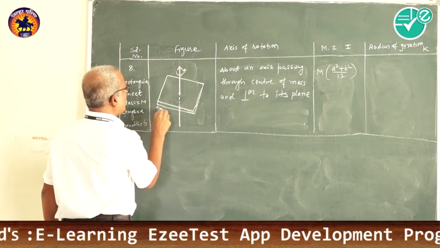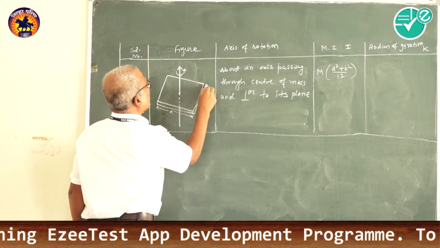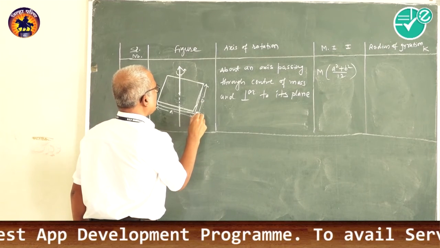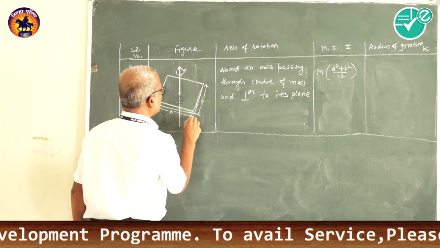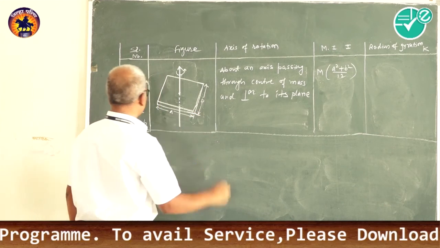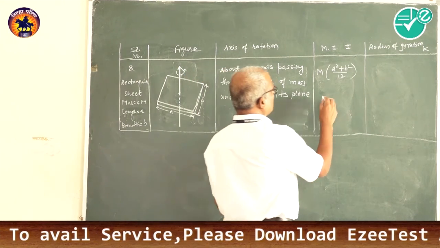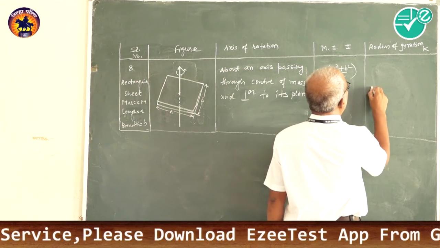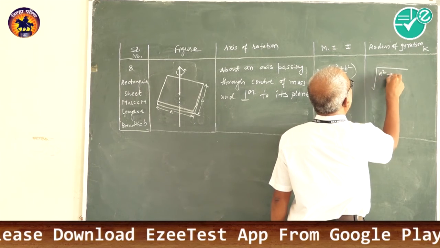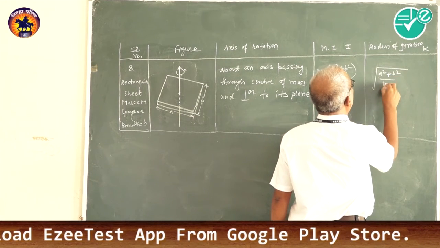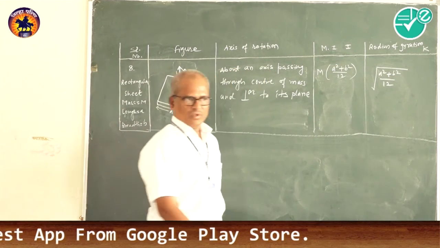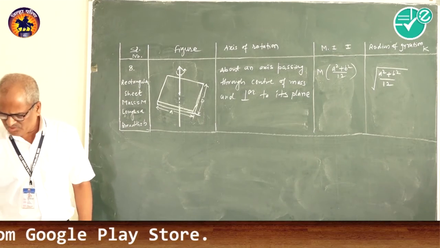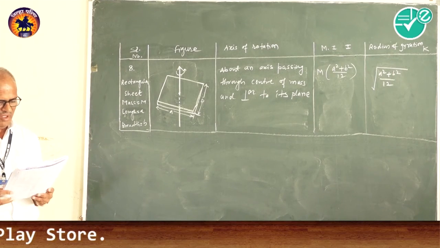Here the length is a and the breadth is b. So this is the moment of inertia, and the radius of gyration is very simple: square root of a square plus b square divided by 12. So this is the rectangular sheet.